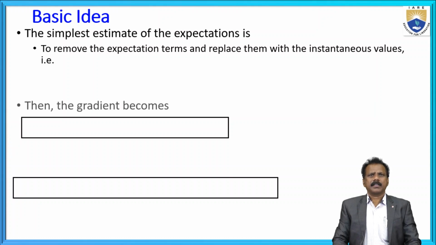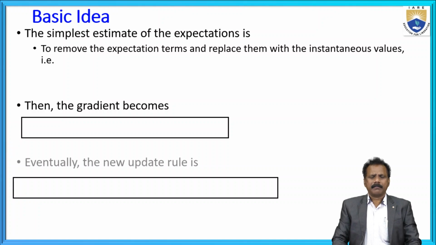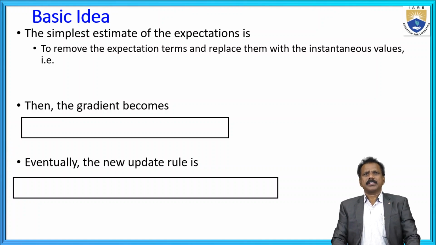After that, we can check how the gradient becomes and whether the new update rule is satisfied.